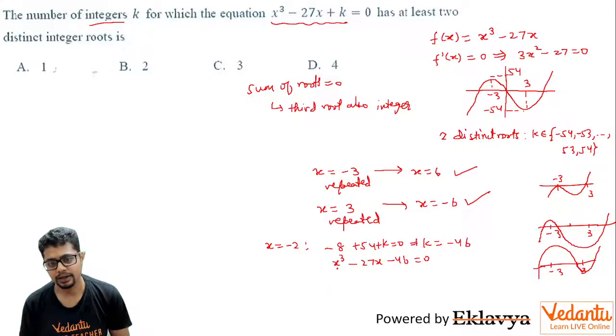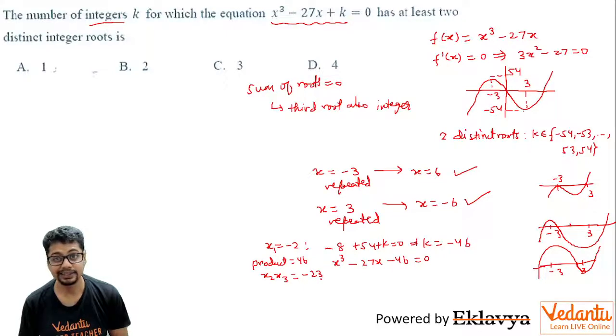Now here, what about the product of roots? Product of roots is 46. So that means if x equal to minus 2 is a root, the product of the other two roots is essentially minus 23.